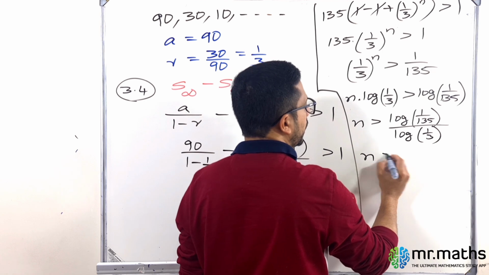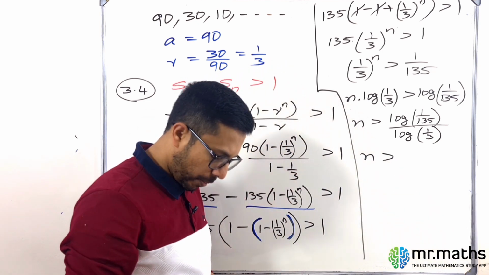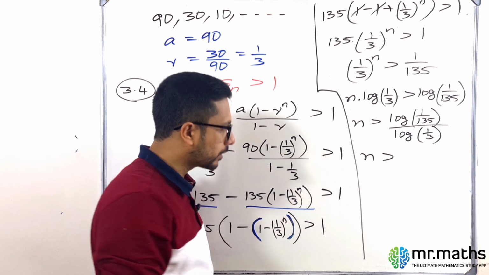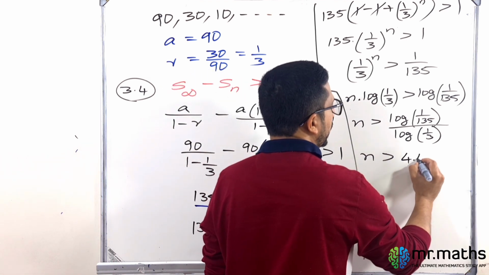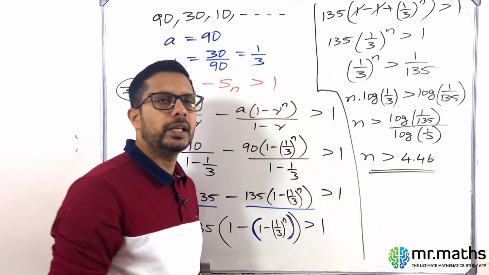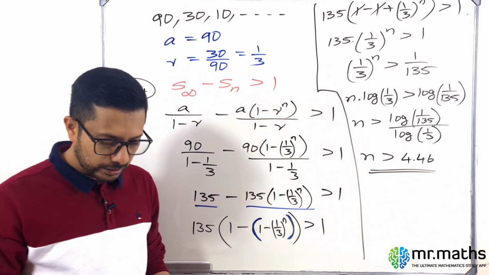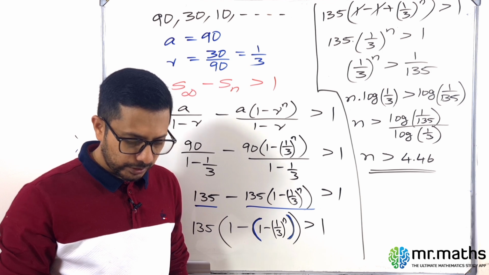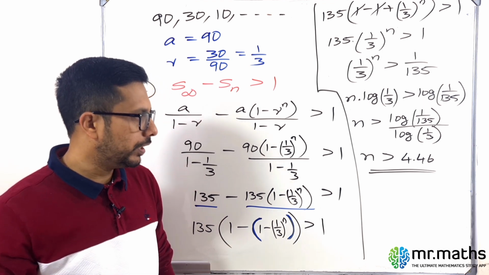So check in your calculator what is the answer for that one. 4.46. That means the value of n is greater than 4.46. What is the question? The largest value of n for which S infinity holds.